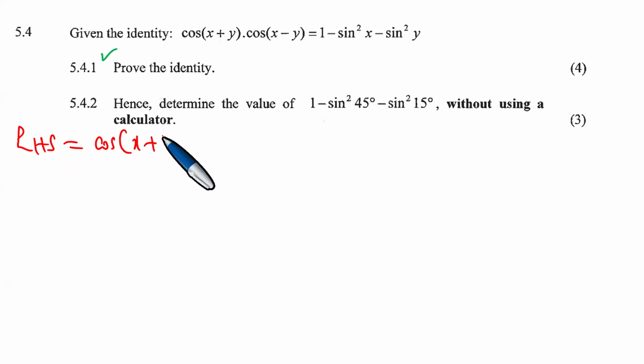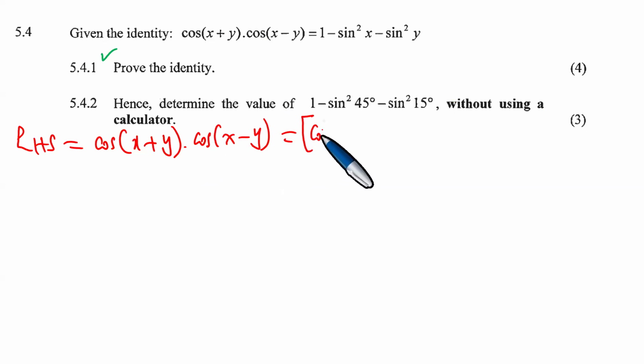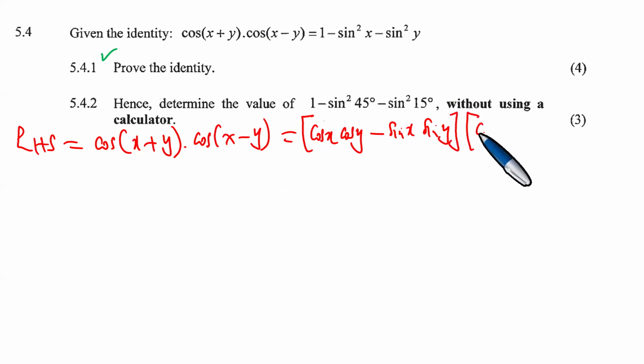So we have the cosine of x plus y, the cosine of x minus y, which is cosine x cosine y minus sine x sine y. And this is cosine x cosine y plus sine x sine y.